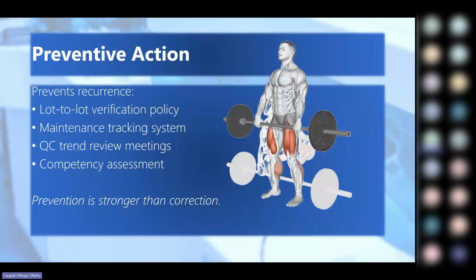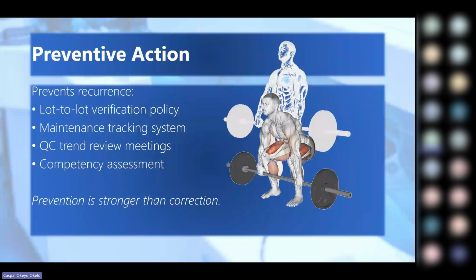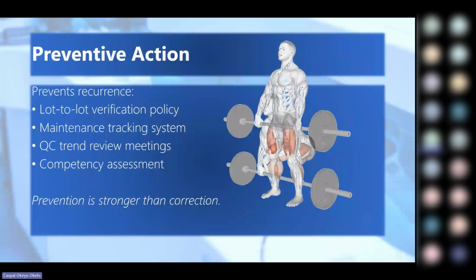So you realize that prevention will always be stronger than correction because these actions will strengthen the system before failure occurs. And the key difference between corrective action and preventive action is that corrective action responds to the crisis. Preventive action builds resilience.